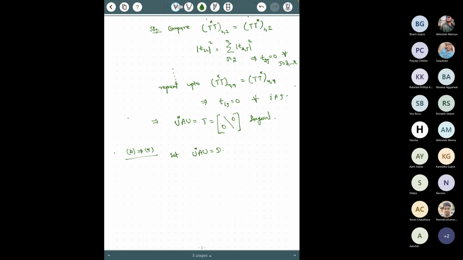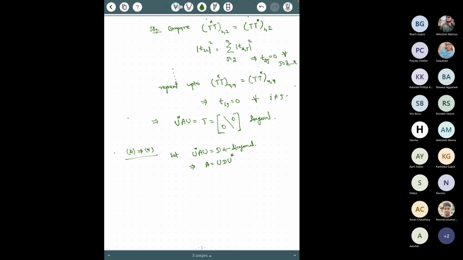Now can you say from here that A is normal? How would you prove that? This is diagonal, and you have to show that A is normal. What you can say from here is that A is equal to UD U star, right?